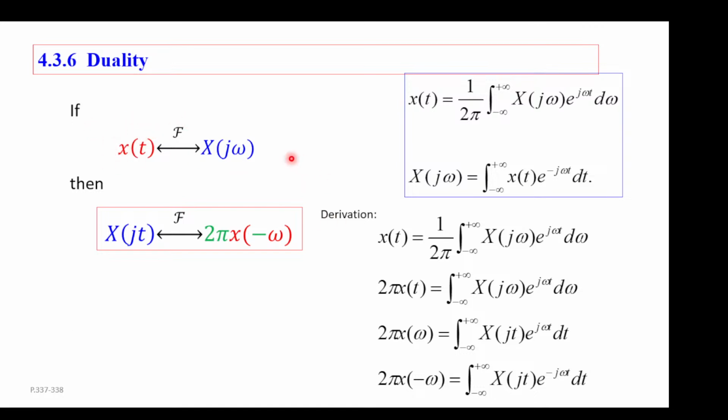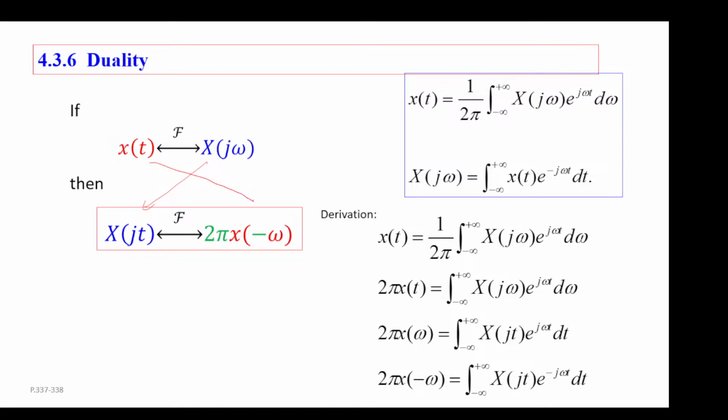And we can write this in a more formal way. If you have some small x function of t transform to big X function of omega, you can kind of swap those two. So we put this big X function of j omega, and so you have the same function, but instead of a function of omega, it's a function of t.